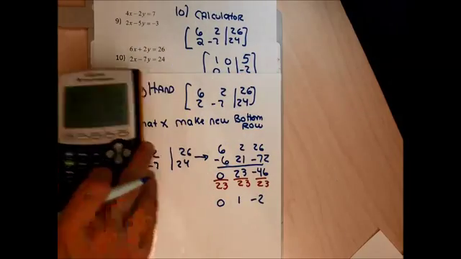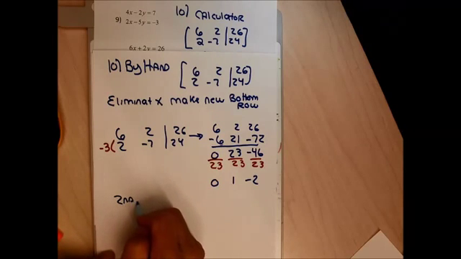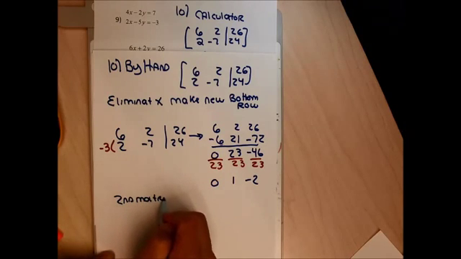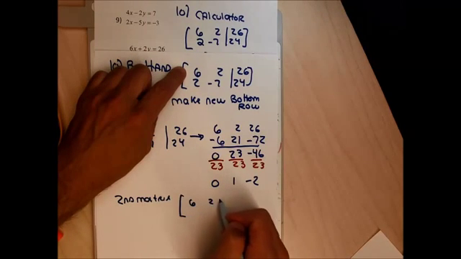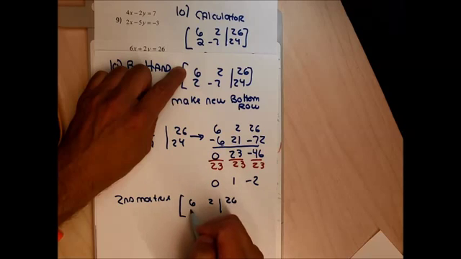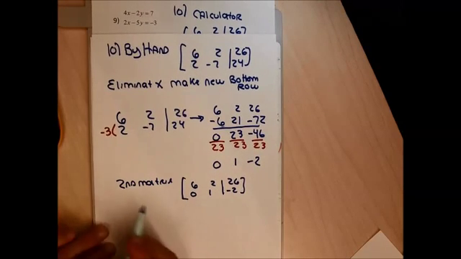So now I'm going to write down my second matrix. My second matrix has a new bottom row, but the top row doesn't change. It can stay at 6, 2, and 26, and I have 0, 1, and negative 2. On to my third matrix.